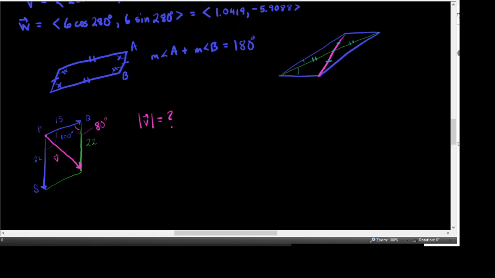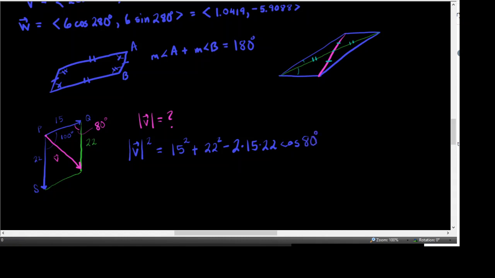Well, the missing side, by the law of cosines, is such that the square of that length is equal to the side length of one of the known sides squared plus the other side squared minus 2 times the product of those two sides that we just mentioned times the cosine of 80 degrees.